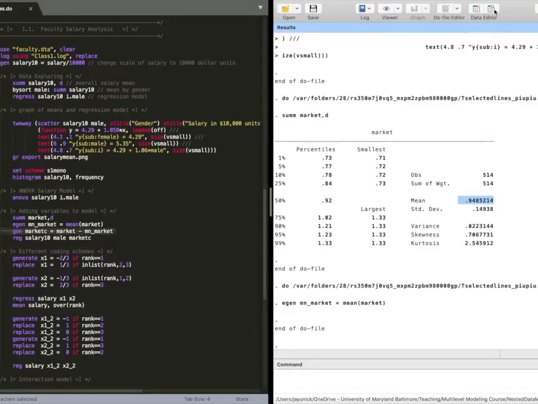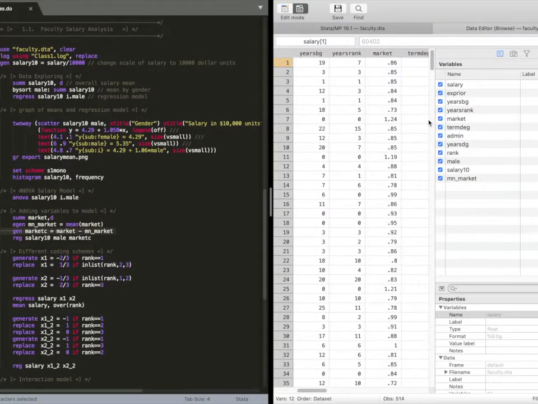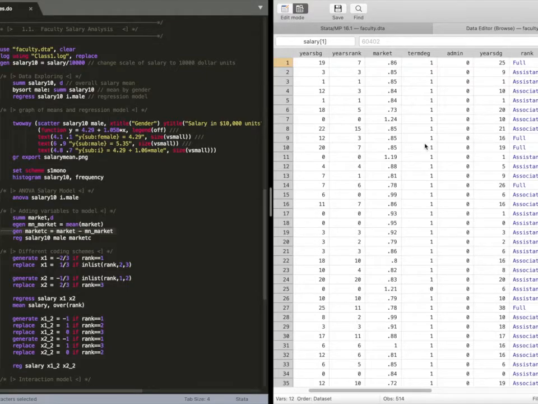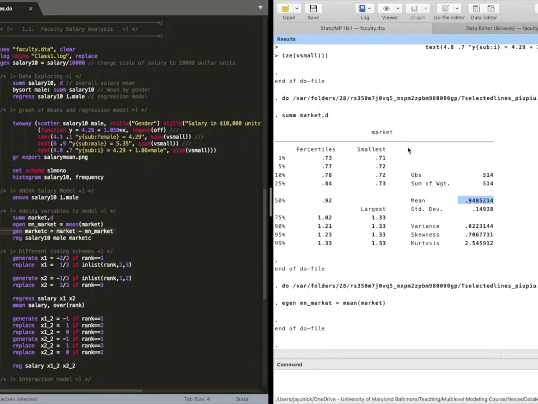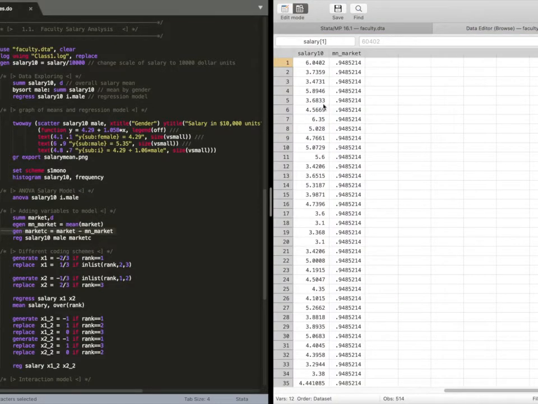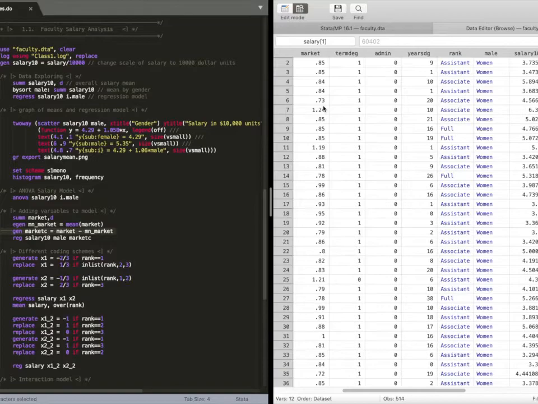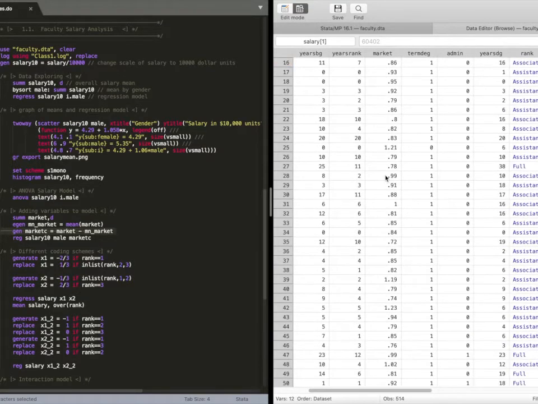Now, if we look at the data here, you'll see there's only one value for mean market. That's the mean of market, right? That's what we just saw, that number right here. So all I did is turn that into a variable, and now I'm going to subtract it from the market variable, which does differ across people.